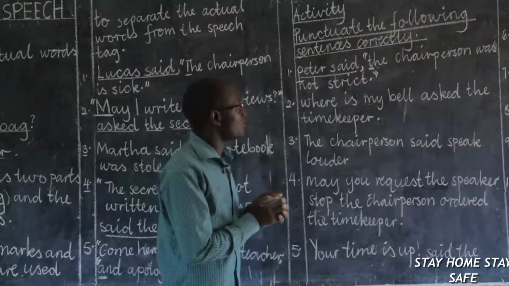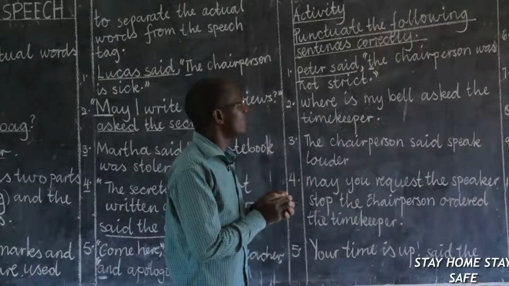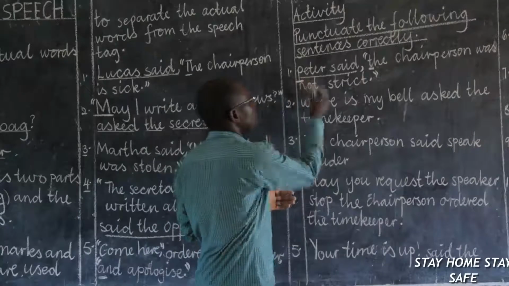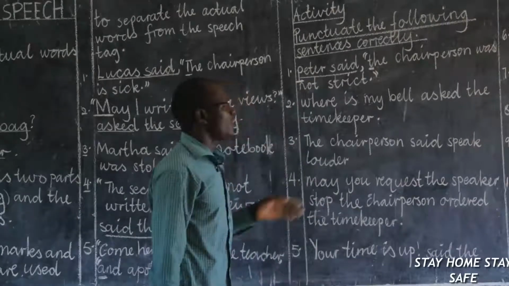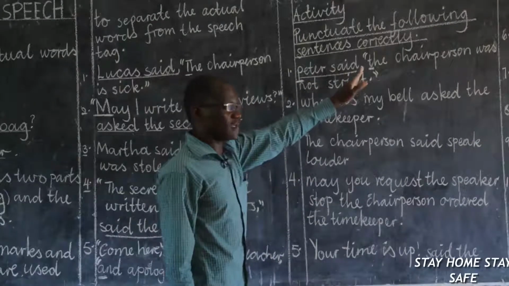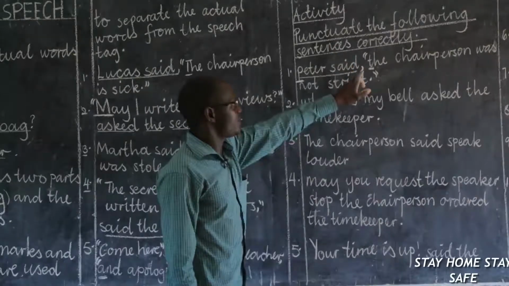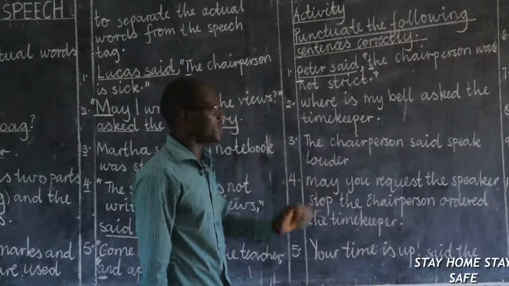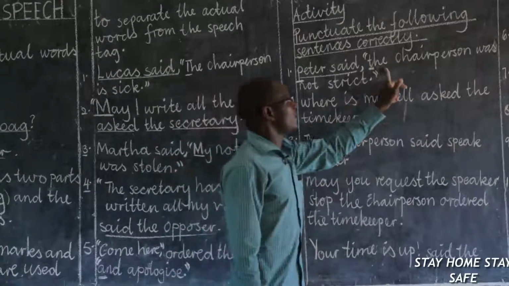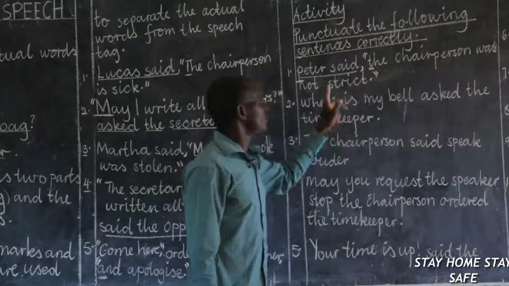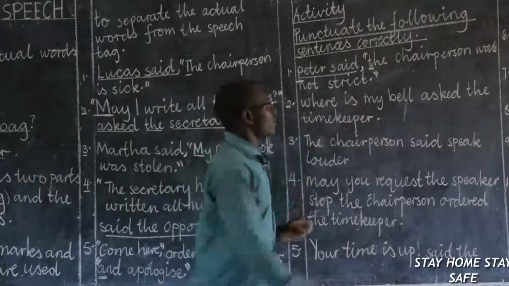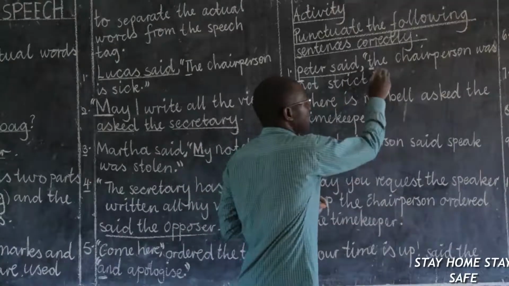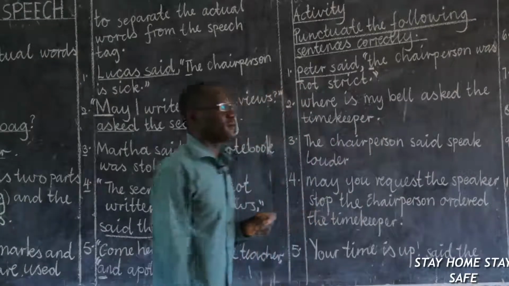Can you look at what you've written and see whether you have a capital P for Peter? "Peter said" is our speech tag. Separate it with a comma from the actual words. Then "The chairperson was not strict." We have a full stop at the end, and then follow the closing quotation marks.